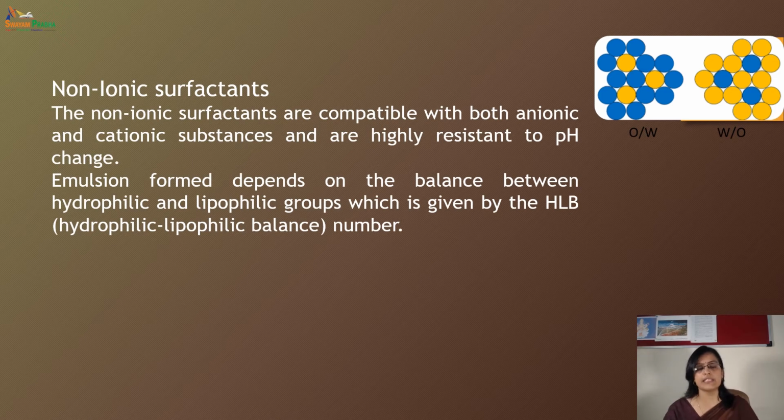Non-ionic surfactants are compatible with both anionic as well as cationic surfactants, and they are highly resistant to pH change. The emulsion which is formed depends on the balance between lipophilic and hydrophilic groups, which is given by the hydrophilic-lipophilic balance number, that is, we call it the HLB number.